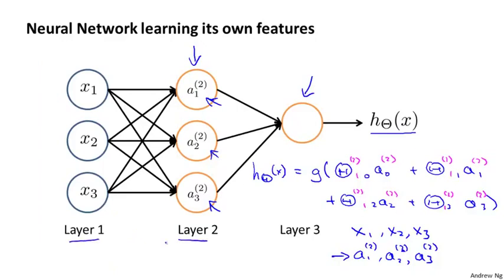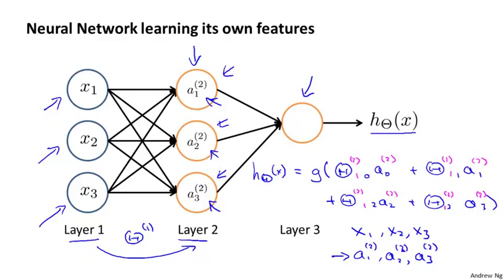Concretely, the function mapping from layer 1 to layer 2 is determined by some other set of parameters, theta 1. So it's as if the neural network, instead of being constrained to feed the features x1, x2, x3 to logistic regression, gets to learn its own features, a1, a2, a3, to feed into logistic regression.